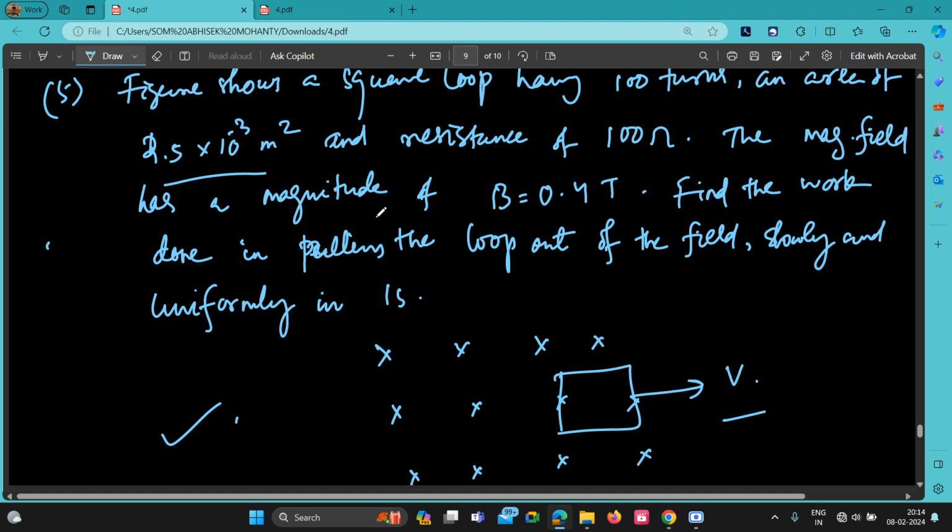The magnetic field has a magnitude of B equal to 0.4 Tesla. Find the work done in pulling the loop out of the field slowly and uniformly in 1 second. Write it down first.